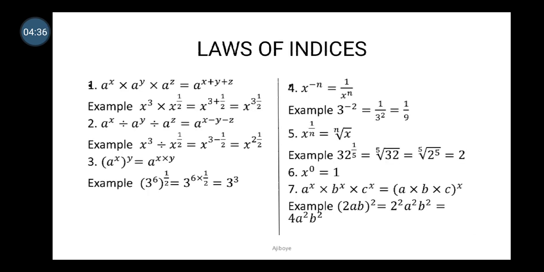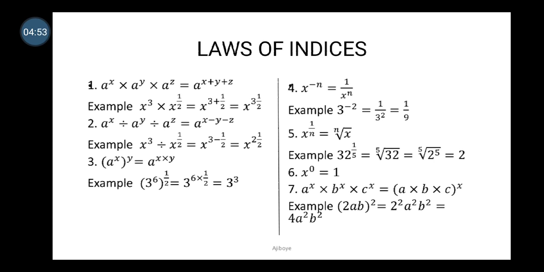Laws of indices. To be able to handle system of indices, we need to know certain laws to help us add, multiply, or divide index numbers. These laws are what we call the laws of indices.